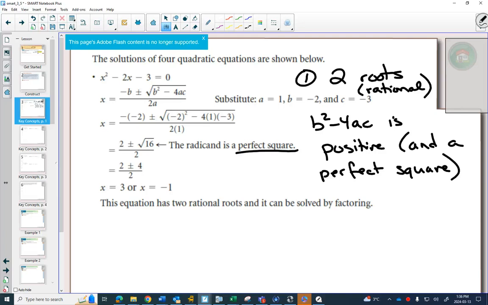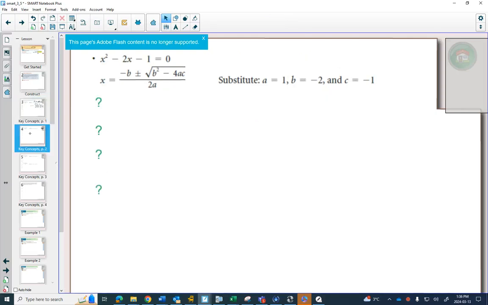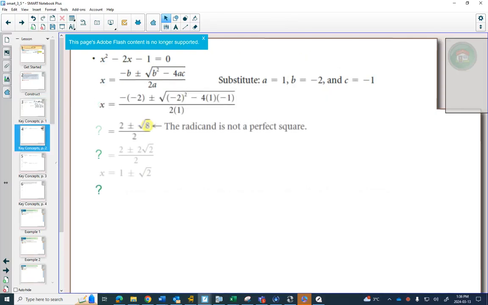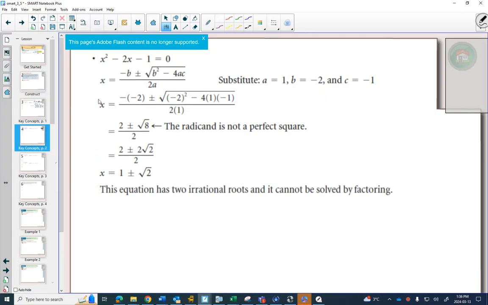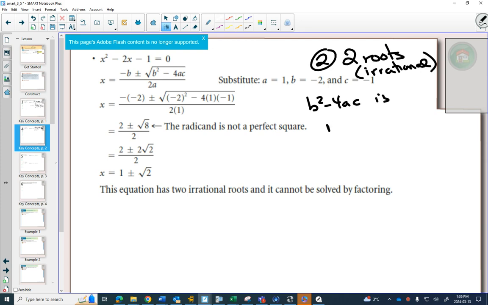Equation number 2, off to the side, we're going to write equation number 2, again has 2 roots. This time, they're irrational. The b squared minus 4ac is positive again, but it's not a perfect square.